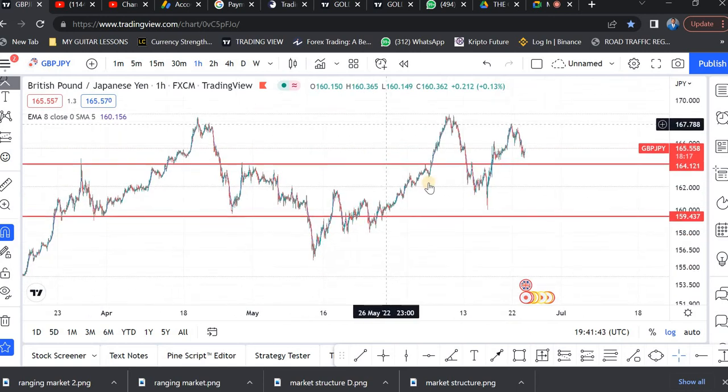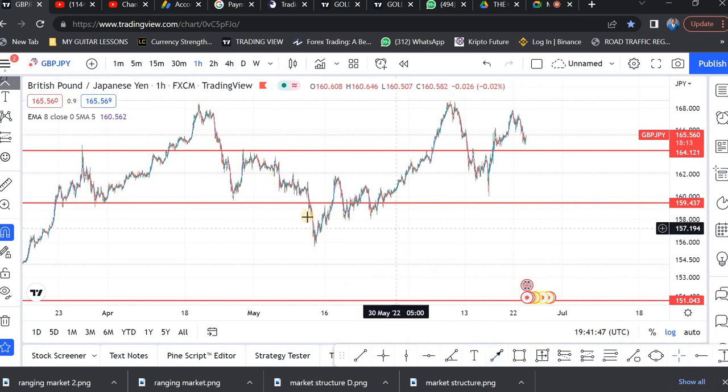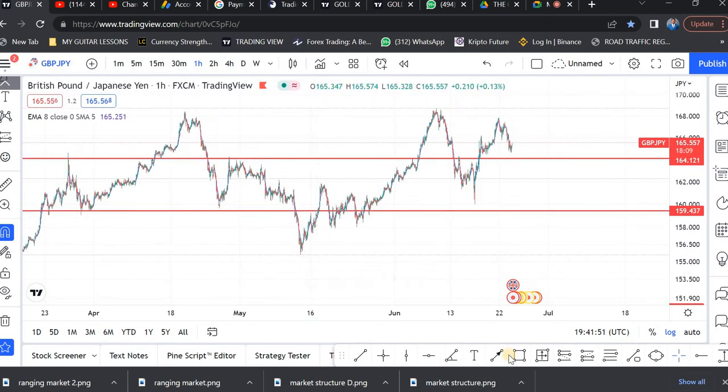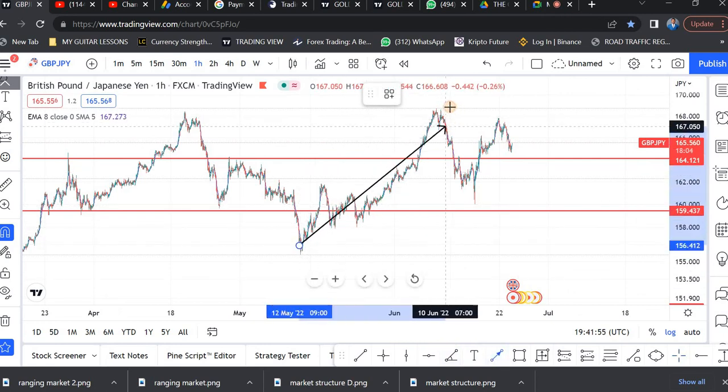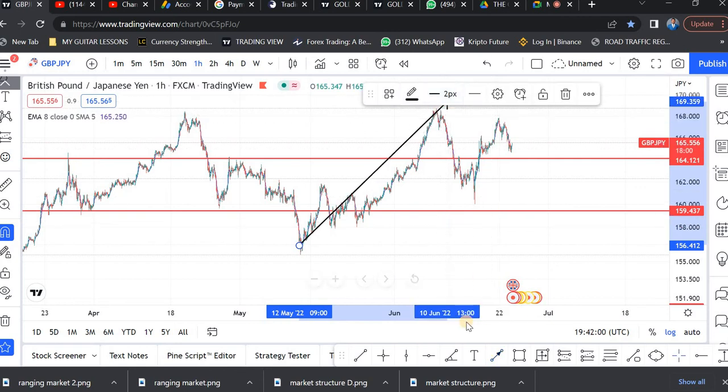So from this level to this level, let me show you. From here up to this level, the price was in an uptrend, or the market was in an uptrend.